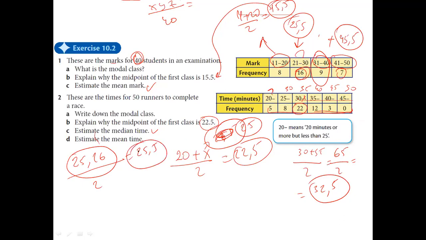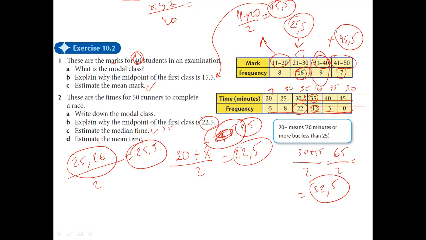So we need the 25th or 26th runner. Where is it? 5 plus 8 is 13. 13 plus 22 is 35, plus 12 is 47. Yes, it's here, and it is 35. The answer is 35.